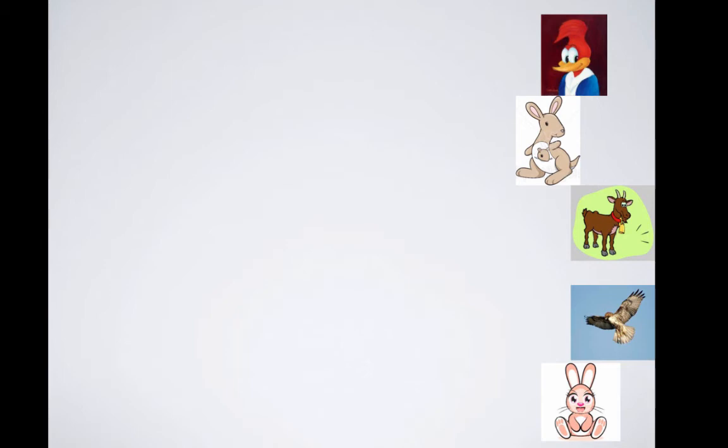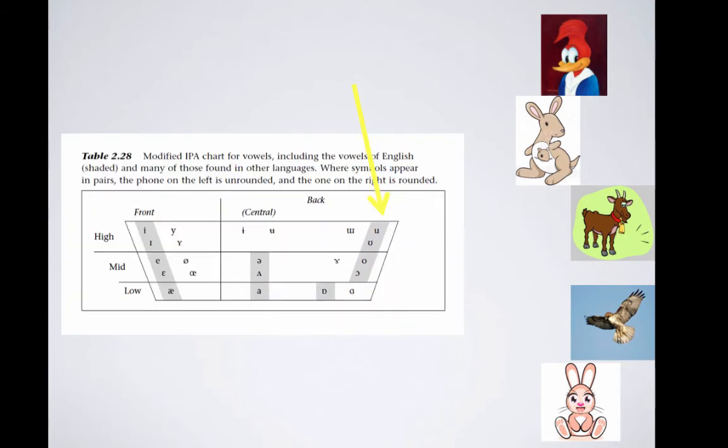Now it is the turn for the back vowels. As you could see here, we have the word woodpecker, then kangaroo, goat. This is a diphthong, so it has two vocalic sounds.